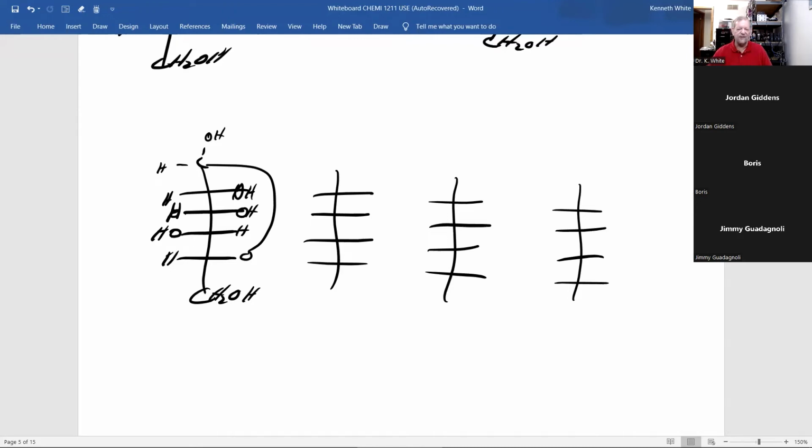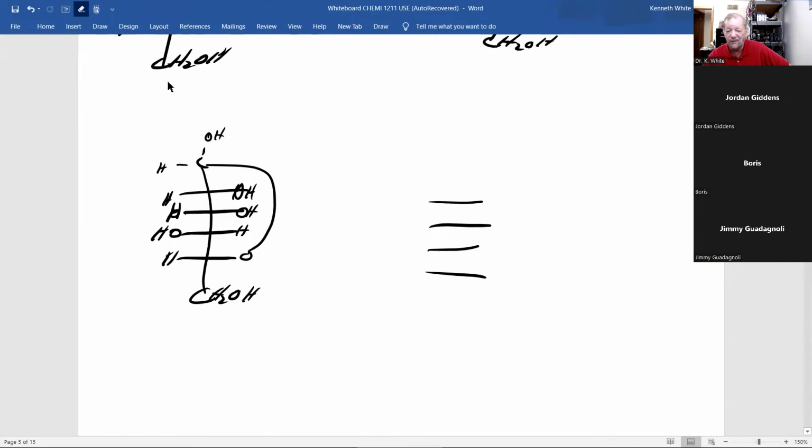Oh, I'm going to try something. Let's see if I can pull this off. This will be the first time I ever did something like this. Not erase the board, but watch what I'm going to try and do.